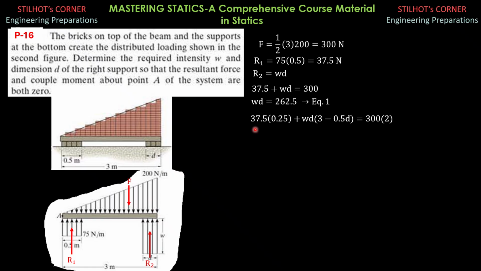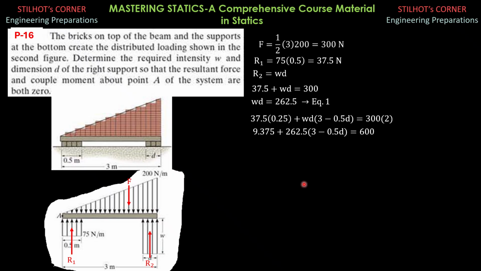Then let's simplify. 37.5 times 0.25, then plus WD. WD is 262.5. We substitute 262.5, then quantity 3 minus 0.5 D, then this is 600 at the right side. Combining the constants and simplifying, we have 9.375, then 262.5 times quantity 3 minus 0.5 D equals 600.